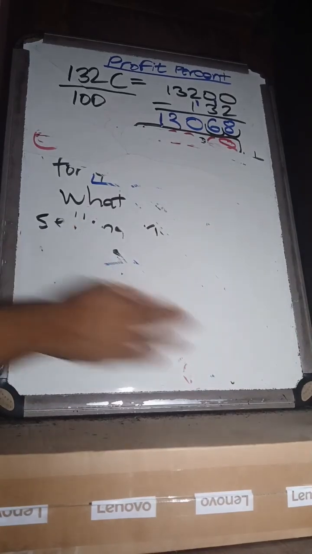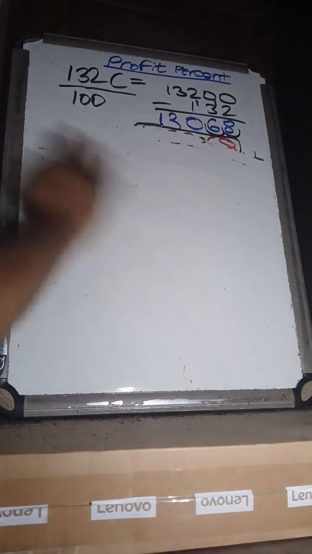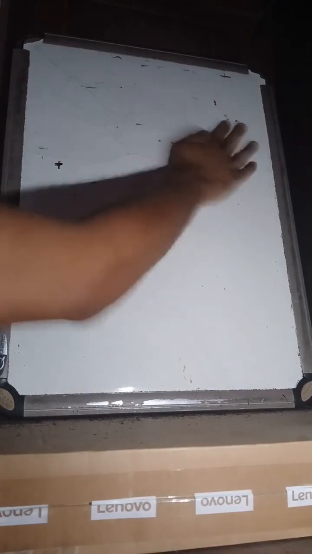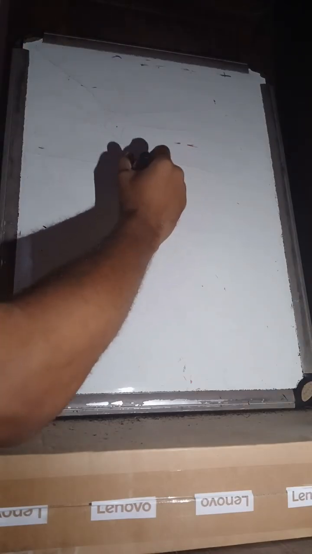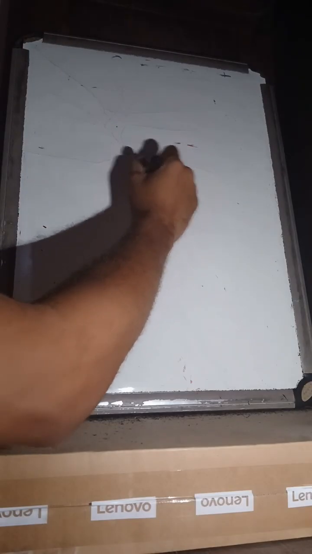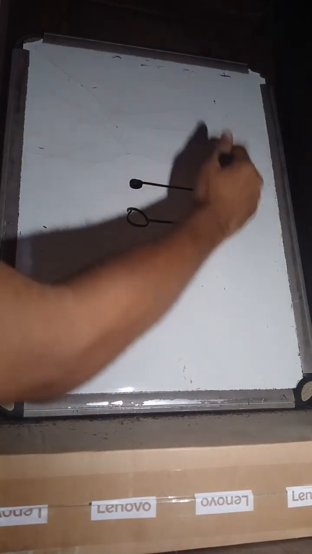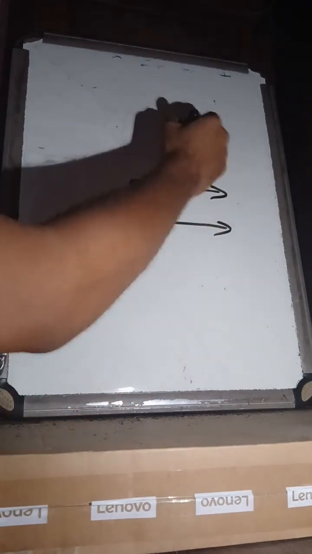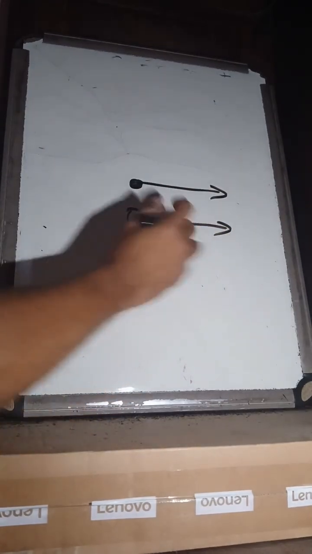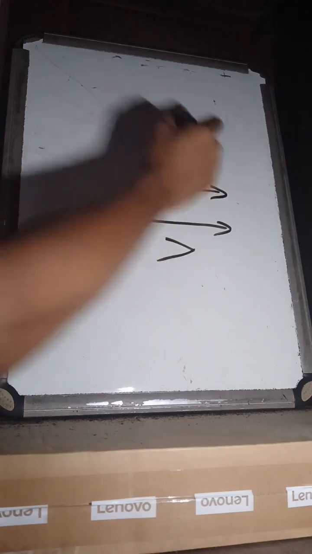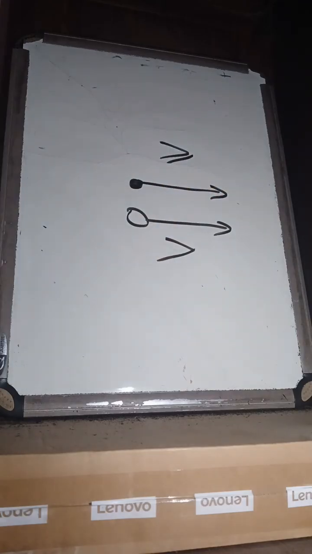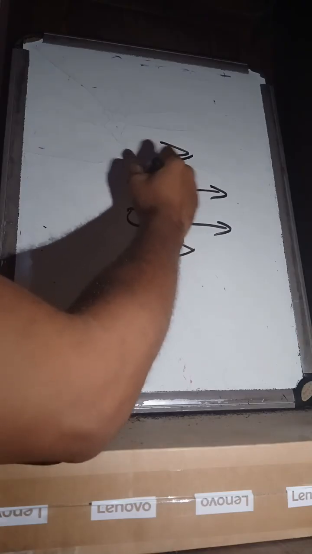So just so that it makes sense, you have this and you have this. So this will be greater than, and this will be greater than or equal to. Just so that we can make sense of that. It's weird, but it kind of makes sense.